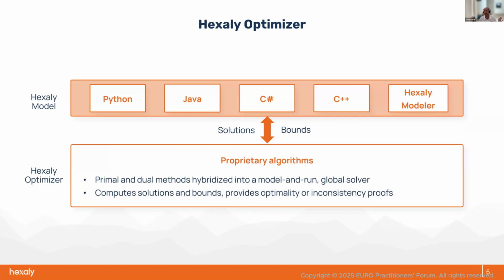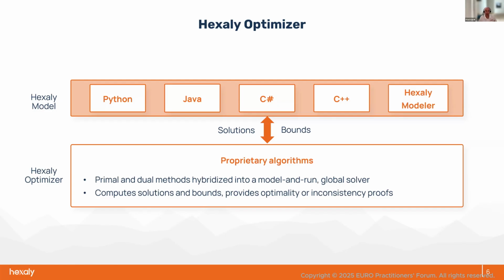And this is the same modeling power you have with all the APIs. You can express the same, no difference, just the language. The syntax is different. So you build a model, you run the optimizer, you get solutions, you get bounds.